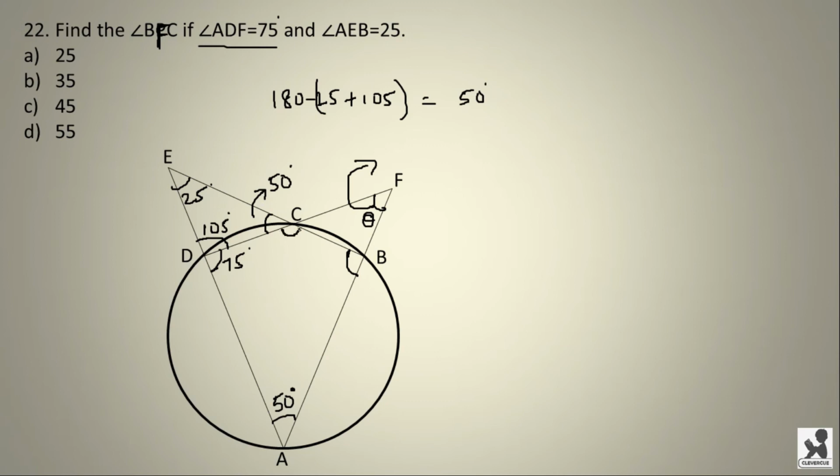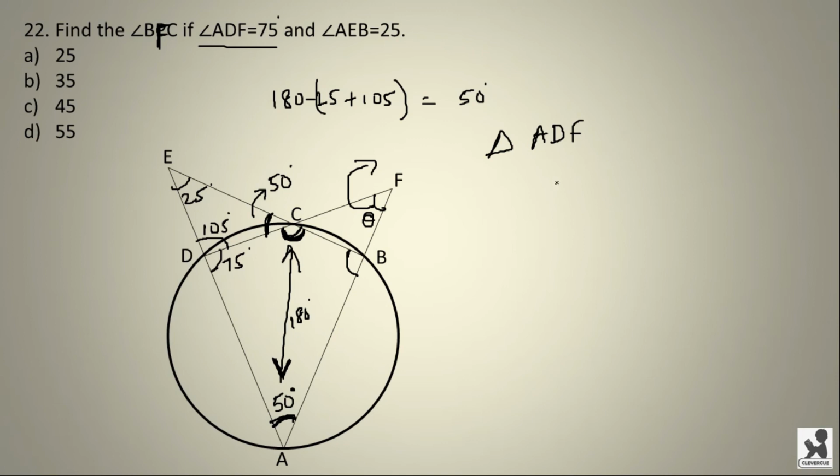because in a cyclic quadrilateral these two opposite angles, their sum will be 180 degrees, and so this angle and this angle will be equal. And now consider the triangle ADF.